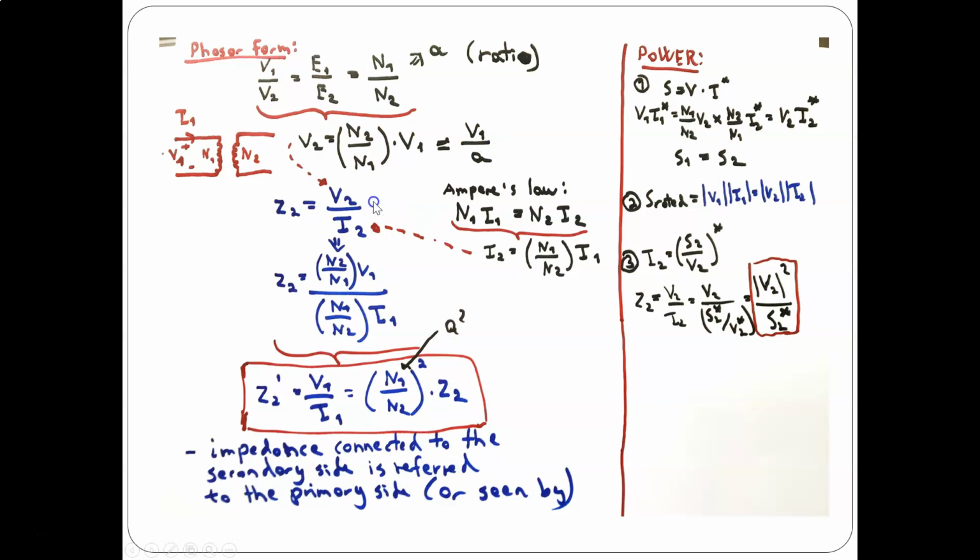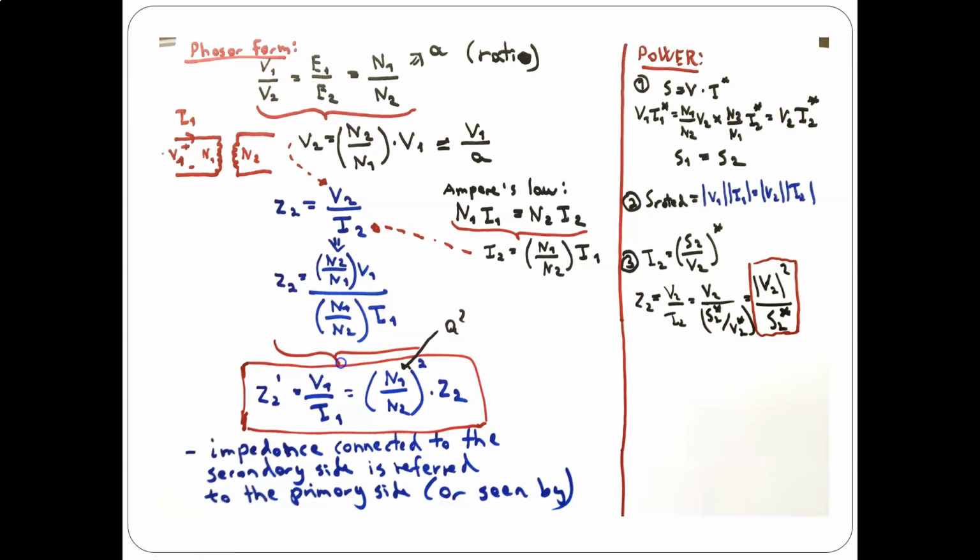If you want to have the impedance on the secondary side, we can of course use this relationship coming from here into here, and then we can also use the Ampere law as already stated, solve it regarding the I2 current, and insert it here. Then we have this equation for Z2, where the impedance at the secondary side is now represented by a relationship between voltage and current on the primary side.